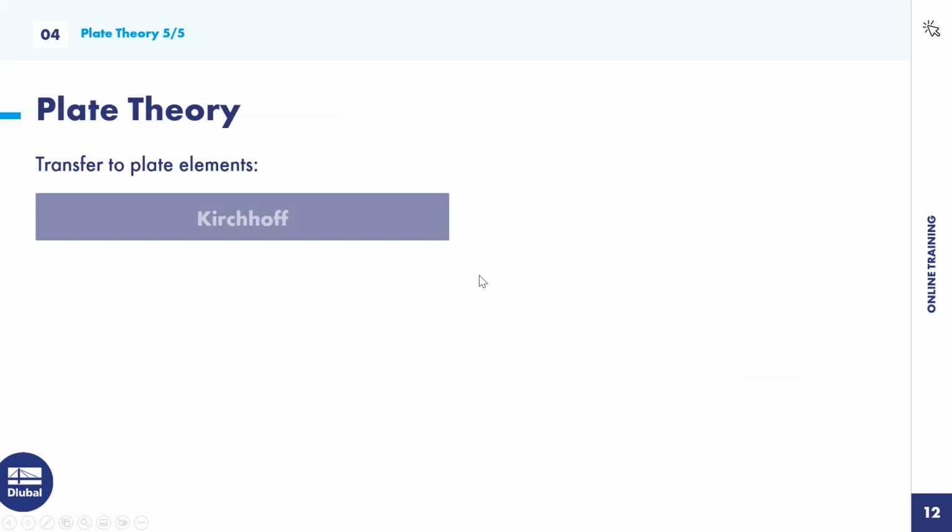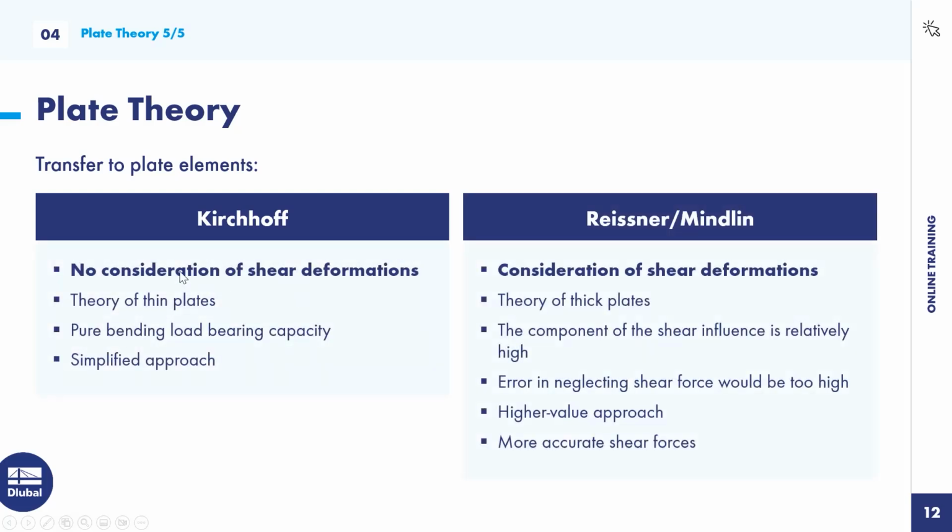Okay, let's go into the plate theories again. For the Kirchhoff, we said no consideration of shear deformations, and for the Reissner-Mindlin, there is this consideration. Now, the Kirchhoff theory is the simpler one. It's kind of better for hand calculations, but in the end, you would have tables anyway, and they are evaluated for both plate theories, so there may be no big difference for hand calculations anymore.